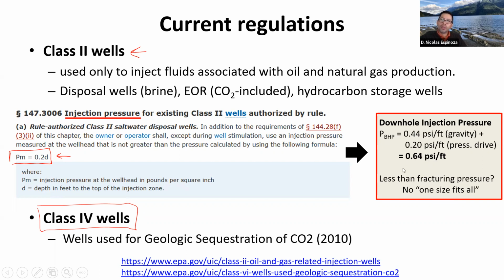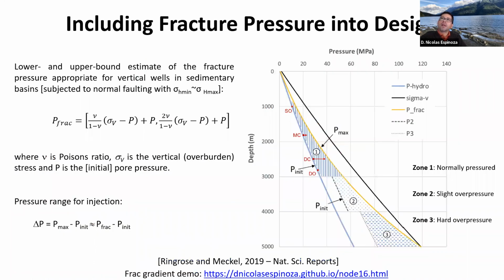So in order to design the maximum injection pressure, we have to be a little bit more careful with this. So here let's see another example of how we incorporate this fracture pressure into design.